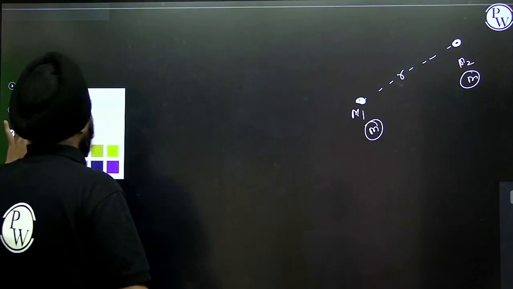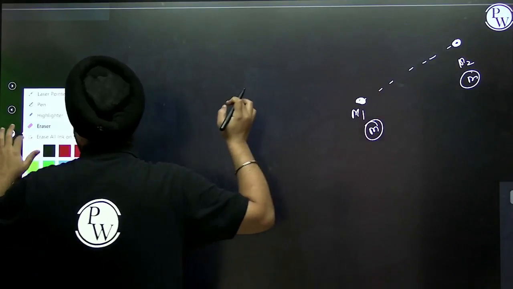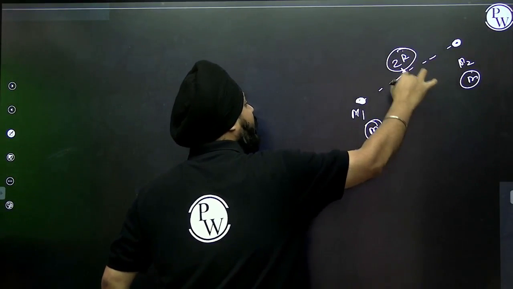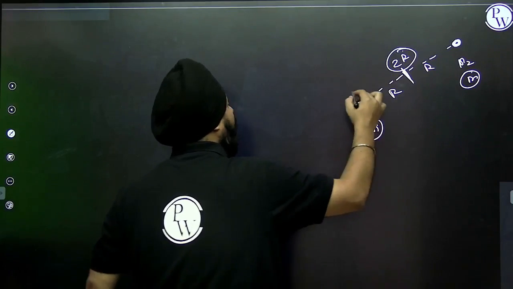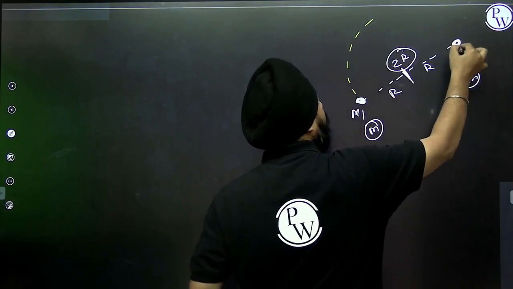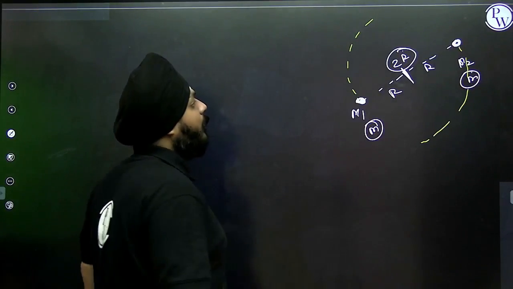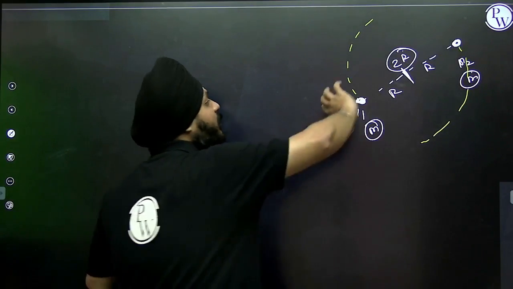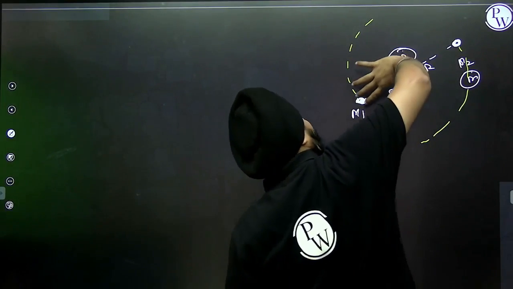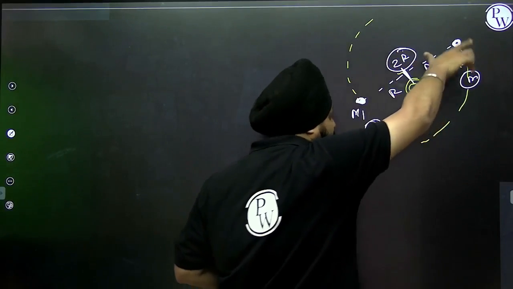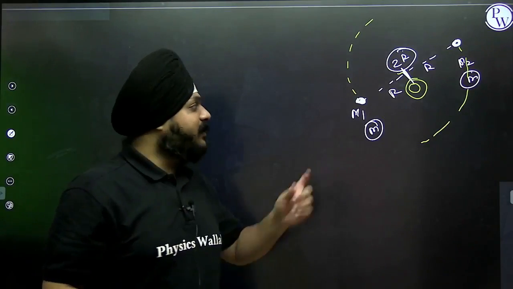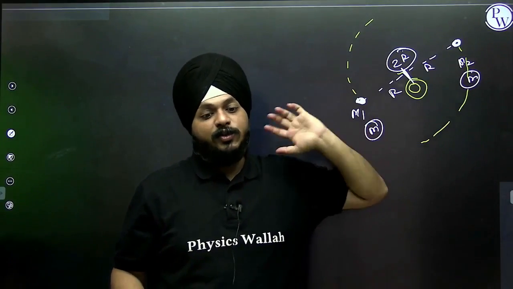I'm sorry, it is the radius. So they are identical particles, separated by the distance 2r, and each one is moving on a circle of radius r this way. With respect to reference point O, this particle M is moving this way, and this particle M is moving this way. One thing is sure: the masses are identical and they are moving in a circular path.